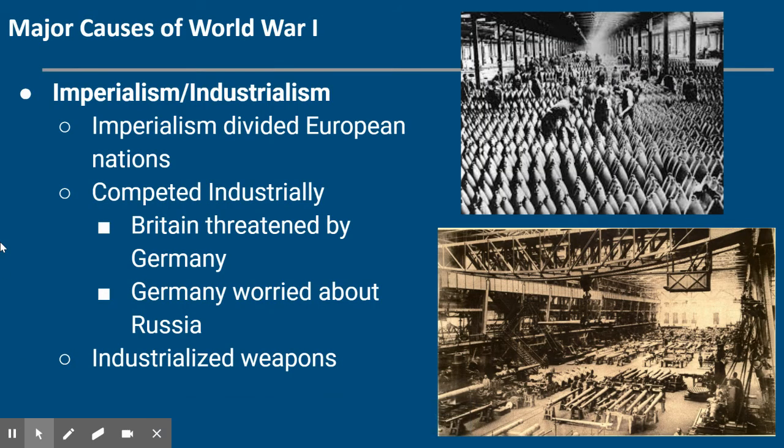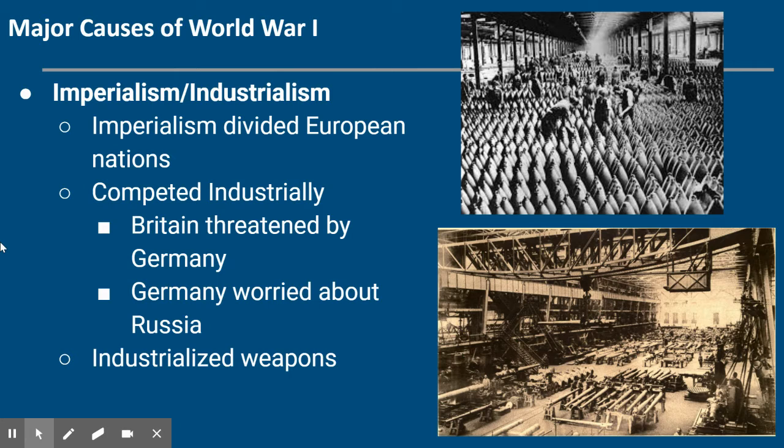After alliances, we're going to go to the I, which is imperialism and industrialization. Imperialism had caused European nations to have a divide because they were all racing to get colonies, and it made them distrust each other because they were always looking at each other as a rival in the bid to get colonies. They competed industrially. Your economy was one of the ways that you projected your world power.